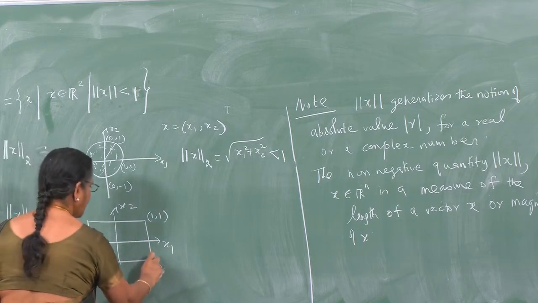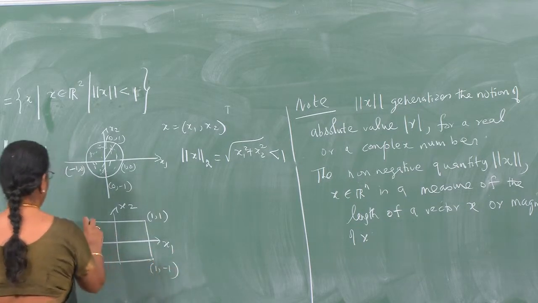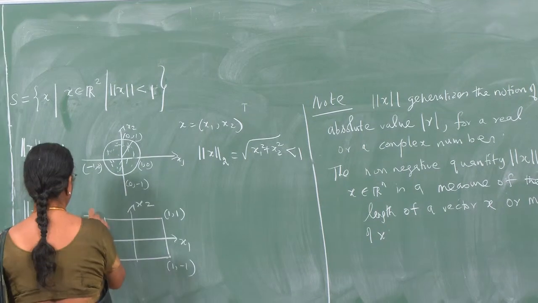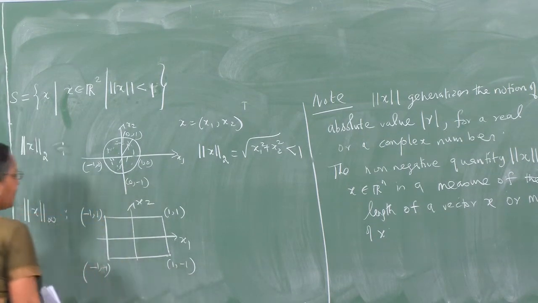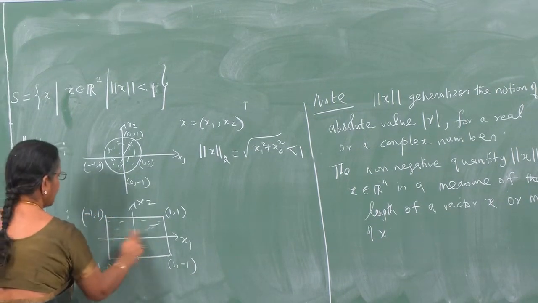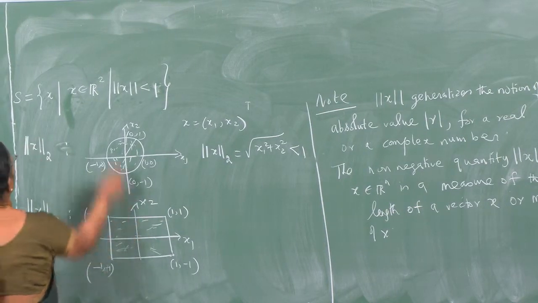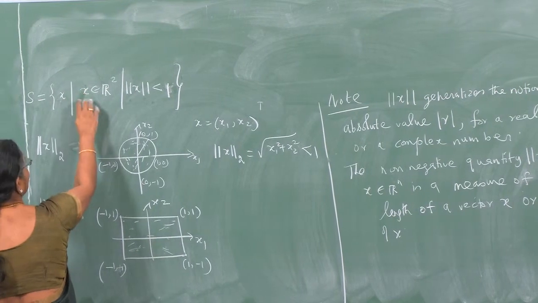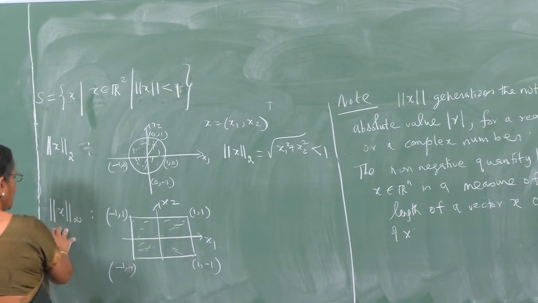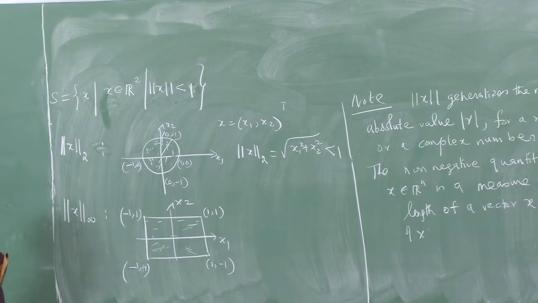So, 1 comma minus 1 and this will be minus 1 comma 1. So, all those points within this rectangle will belong to this set S when you use infinity norm.